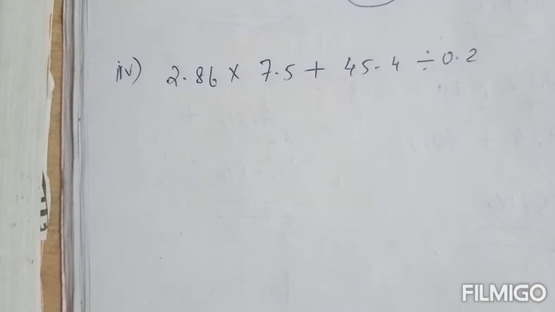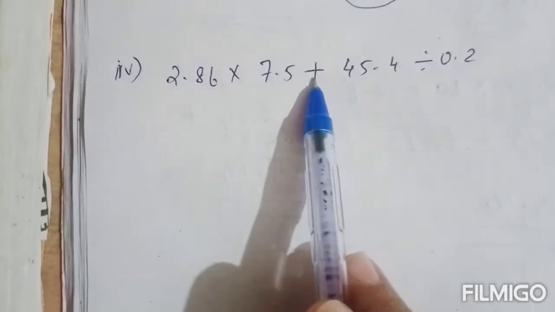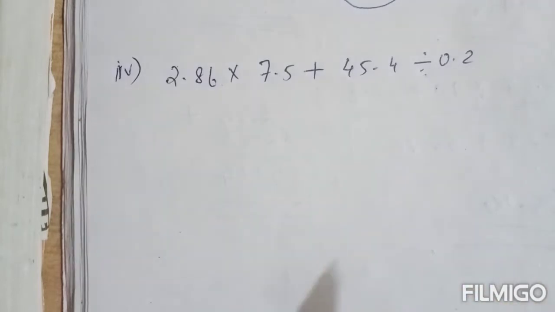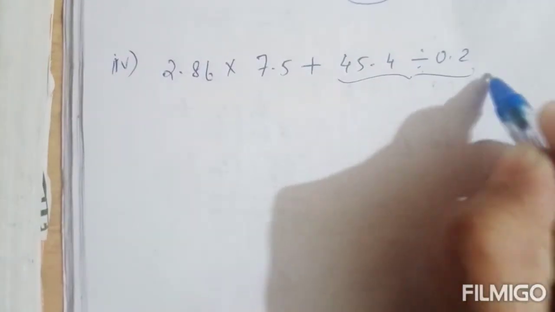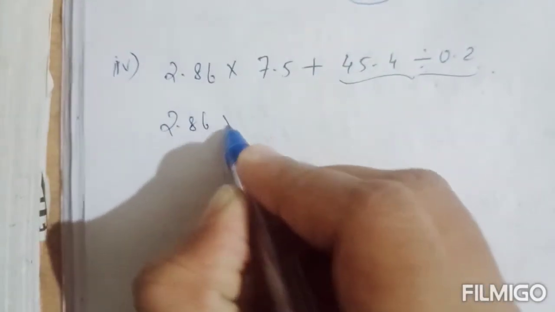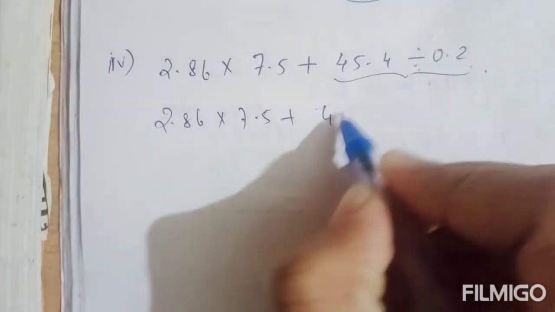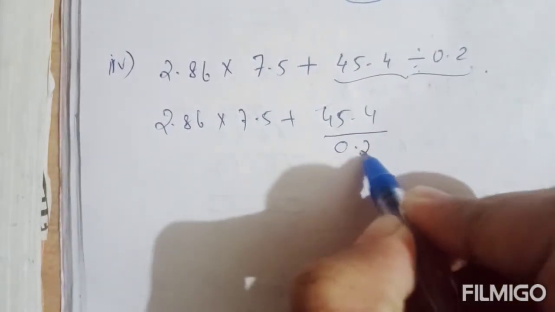Fourth question, 2.86 into 7.5 plus 45.4 divided by 0.2. So here multiplication, addition, division is coming. So as per BODMAS, we have to do division first. 2.86 into 7.5 plus 45.4 divided by 0.2.